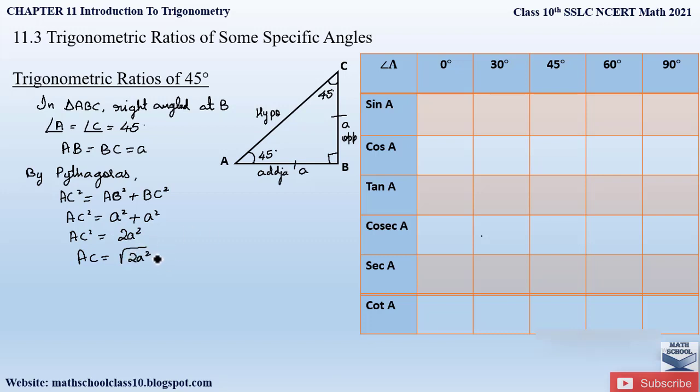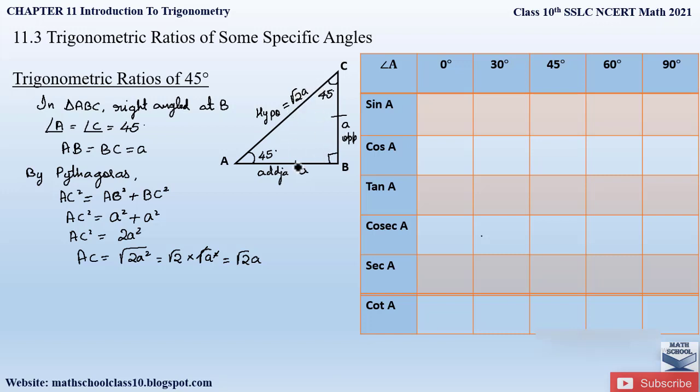If we separate these terms, we can write root 2 into root A, the whole square. Here the square and square root will get cancelled, and we will be left with root 2 into A. So this is our AC value. We have also got the third side, that is root 2 A.